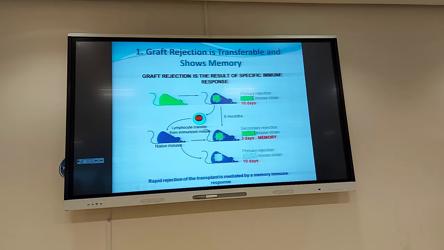So it means that those transferred immune cells were specific for the green skin, but not for this third graft. So all of this behaves like a classical immune response that we would expect.